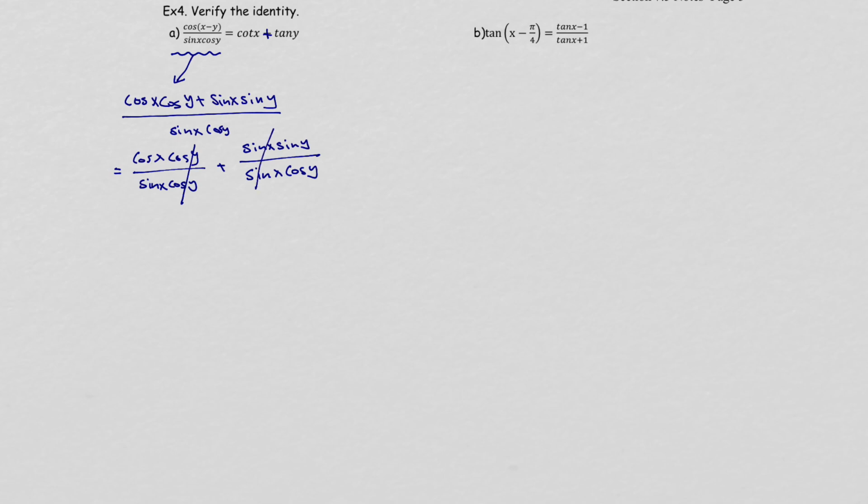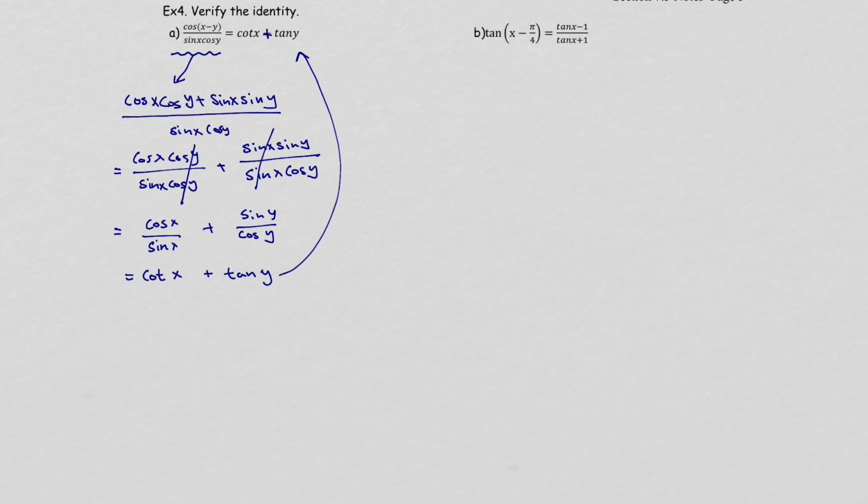And in the second fraction, this is common. And you know cosine x over sine x is cotangent x. And sine y over cosine y is going to be tangent y. And that's how we can prove that the right side is equal to the left side.